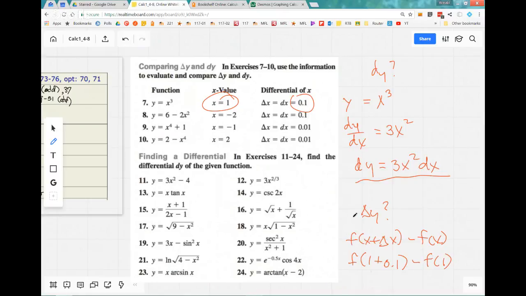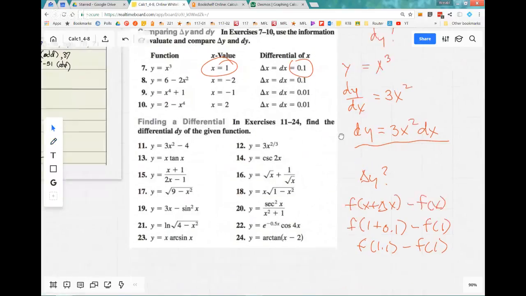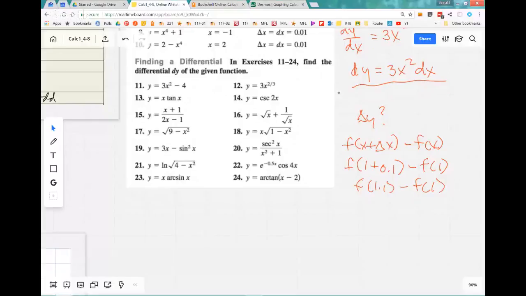So you're saying f of 1.1 minus f of 1. What's the original function? X cubed. So now you're finding 1.1 cubed minus 1 cubed. And then you're going to compare these two answers.